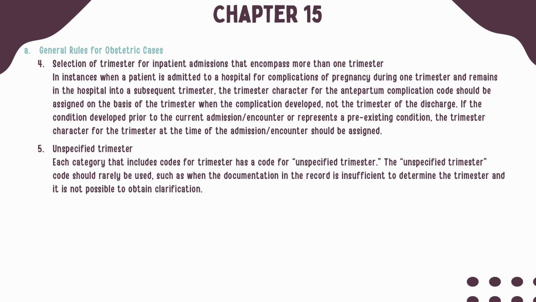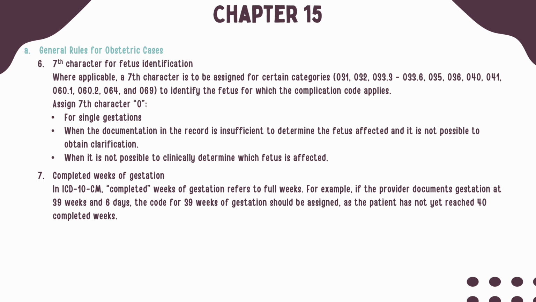The unspecified trimester codes should be very rarely used, and only when the documentation is insufficient to determine the trimester and it is not possible to obtain any clarifications. When appropriate, a seventh character is available to identify the fetus that the complication is affecting.